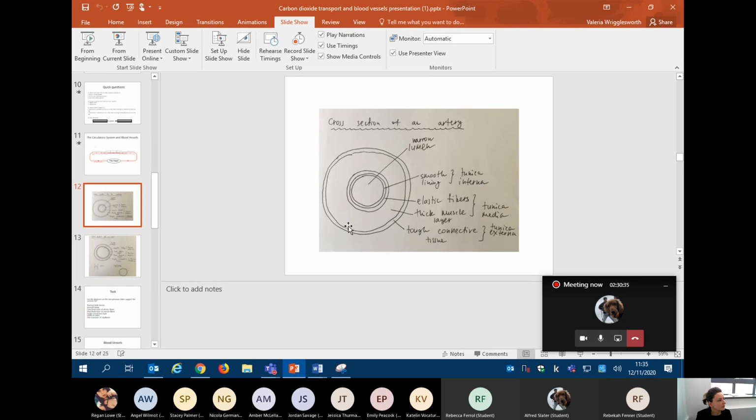And again, Nikita, you had the same kind of point, which is to do with the fact that they need to stretch and then recoil back. So again, that's what muscles are able to do, right? They can contract and relax.